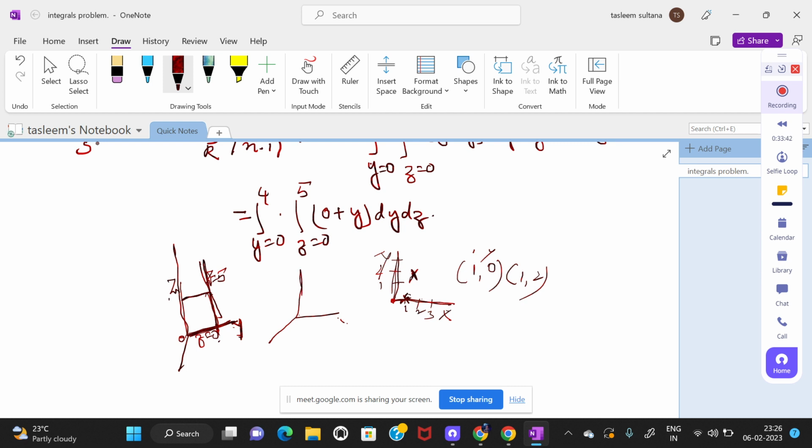So somewhere we have taken this is y, and this is z, and this is x. Like this, this is our z equal to 5, and this is your z equal to 0, and you are solving for this surface.